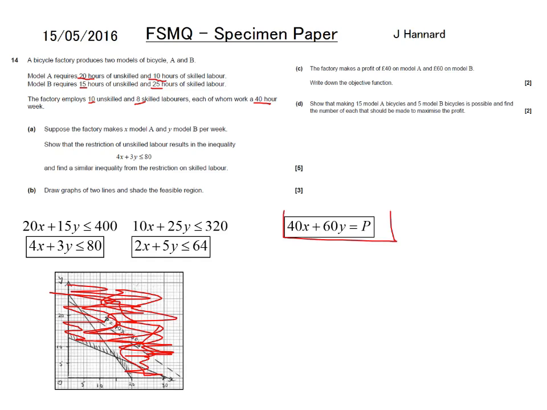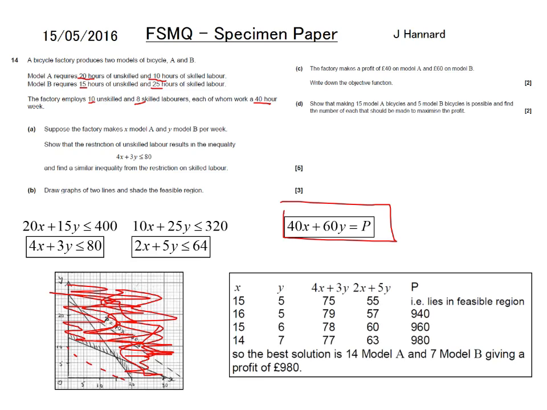So you get your objective function, you let it equal a friendly number, you draw it on, I think it looks something like that, and then you go as far out as you can in the white zone, and you'll realise that you don't get an integer solution, so you have to fiddle around with the numbers, go up one, go down one, make sure they work with the inequalities, and it turns out that the biggest profit is actually 14 and 7.